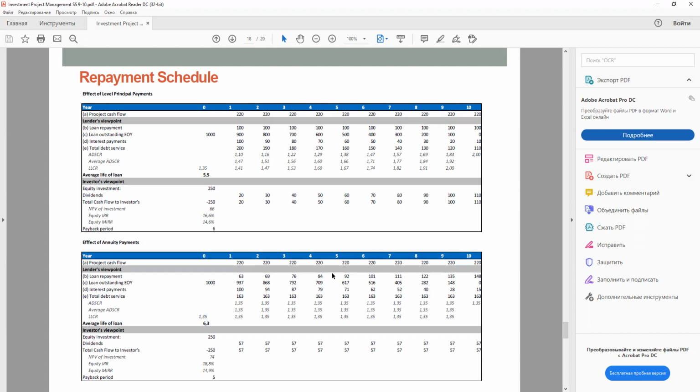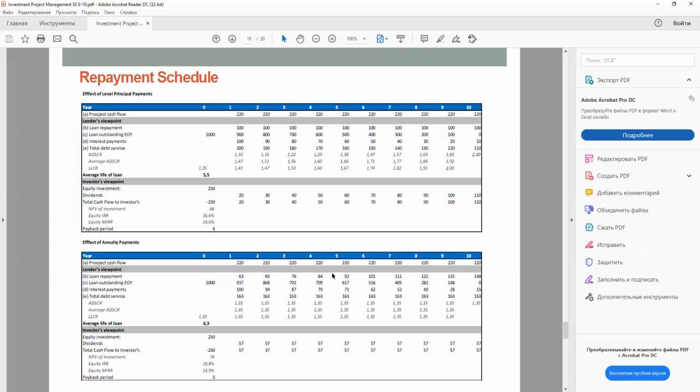For example, if the debt is 1,000 and it is being repaid over 10 years, repayments would be 100 per annum. In fact, this repayment structure, although not uncommon, is disadvantageous to the investors in the project company, as far more of the cash flow is being paid out to the lenders in the early years of the loan, because the interest payments are relatively high at this stage.